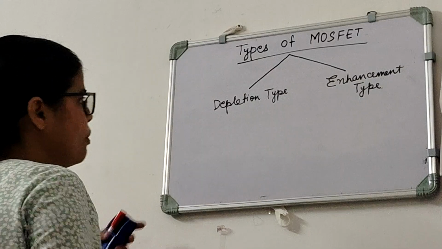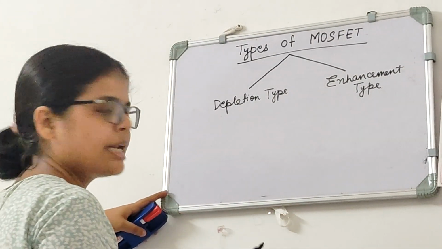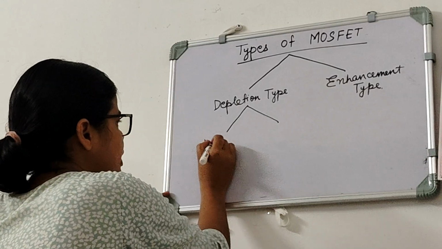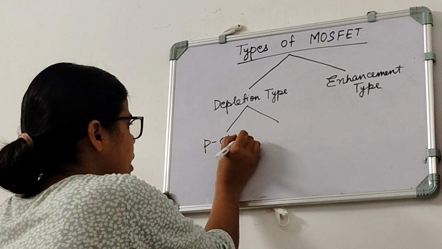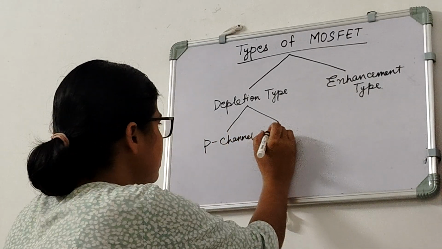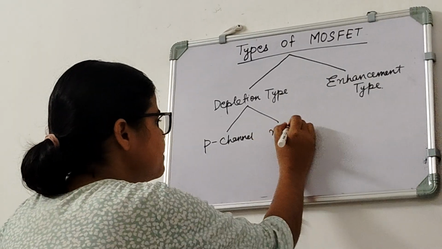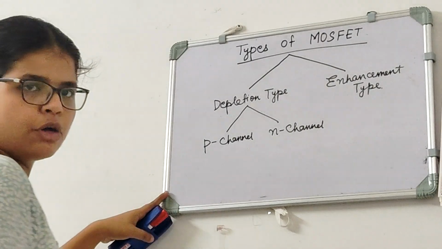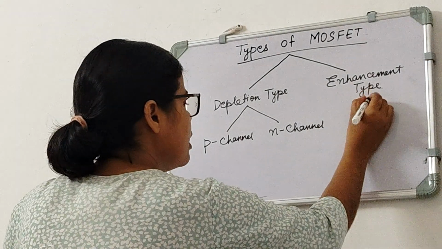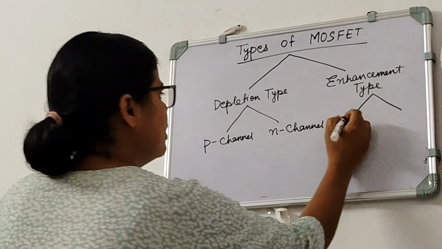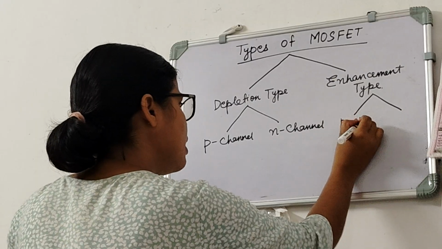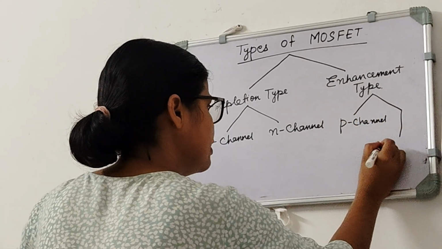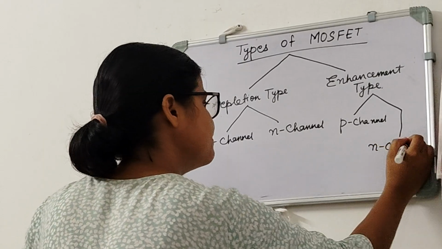And in depletion type, we have further classification: one is P channel, the other is N channel. Similarly, enhancement type MOSFET also has a similar classification. One is P channel enhancement type MOSFET, and another is N channel enhancement type MOSFET.